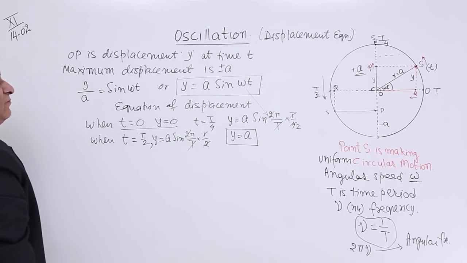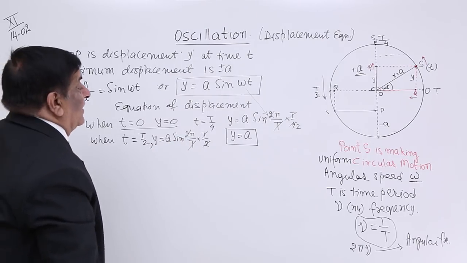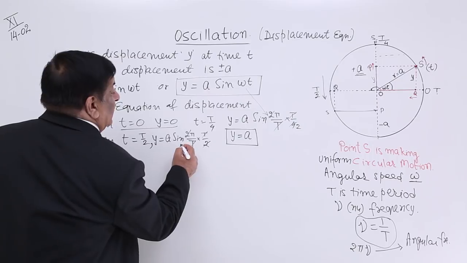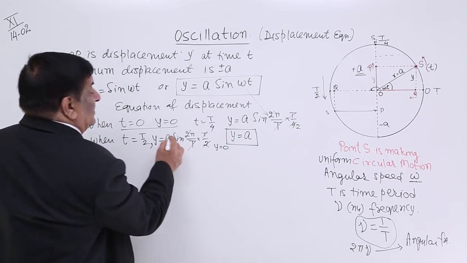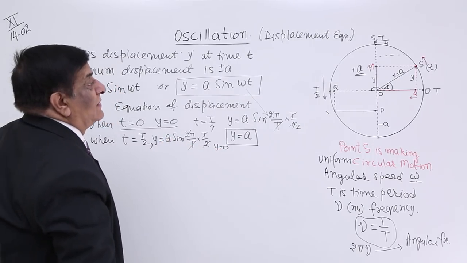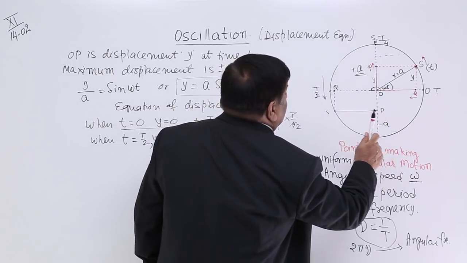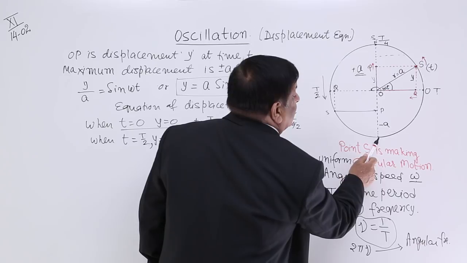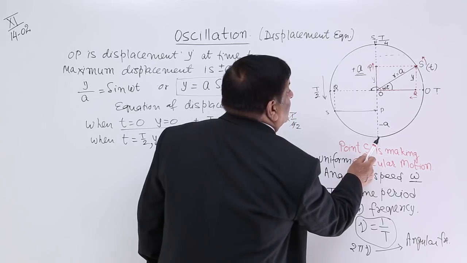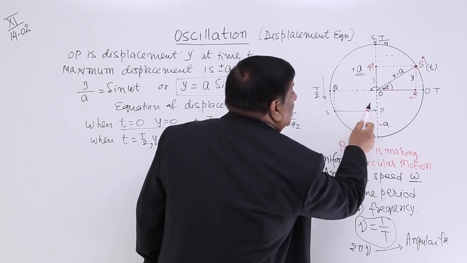Sine pi, sine 180, and the value of sine 180 is 0. So here y is equal to 0 for this case. So we see it comes here, and the displacement y is 0. Now again take it here. Here, how much is the value of angle omega t?